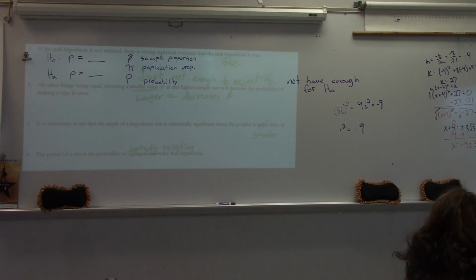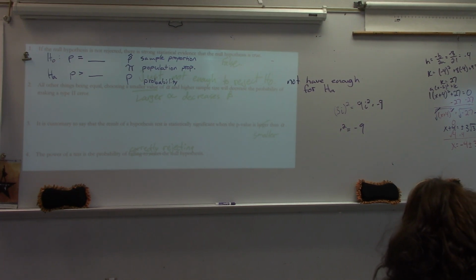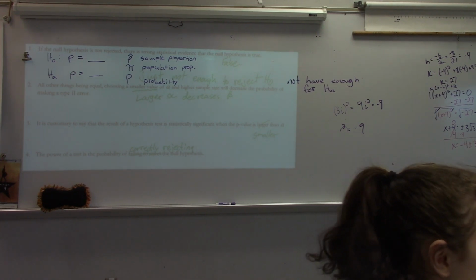Can you explain 4? What'd you say? I said the power of the test is, and then I gave the equation, and then I said it comes with the probability of accepting type 1 and type 2 errors.